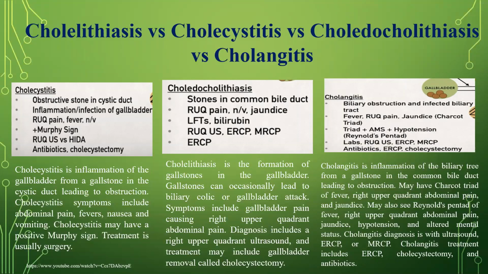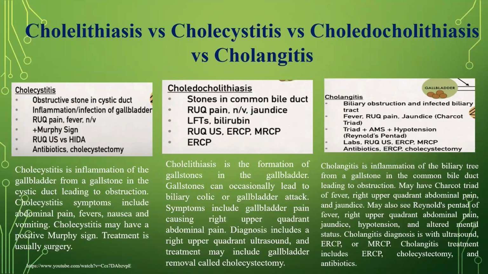Treatment: if a patient has signs of bacterial infection, an antibacterial drug should be prescribed. If there is no possibility to remove the stone from the system without surgical intervention, then surgical intervention should be prescribed.